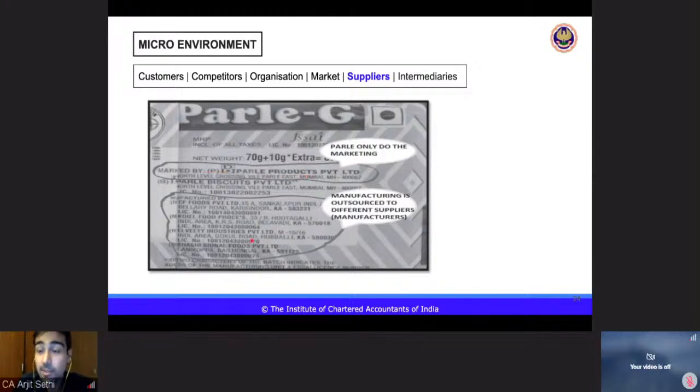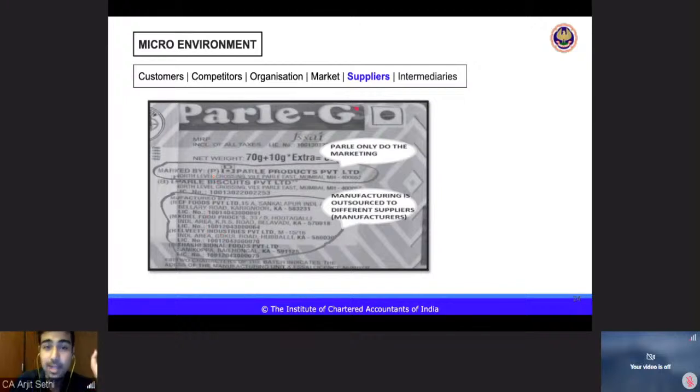If you start looking around yourself at each and every product, you will see that all of these things fall into place. This is an example of where you can find suppliers of most of your favorite products. Even if you look at Lay's or anything that you eat, on the packet you will have the marketed-by name and the manufacturer's name.